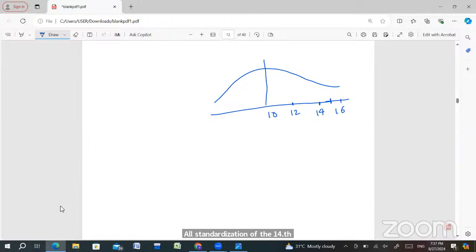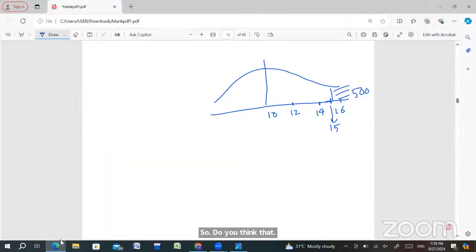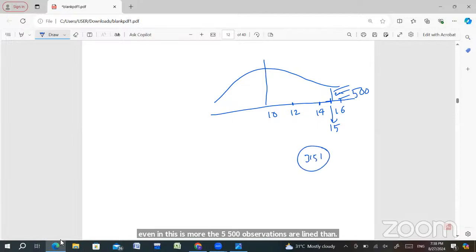And it is saying that above this point, 500 observations are lying. So do you think 3151 is correct? I think it's a wrong answer, because even in this small area 500 observations are lying, so 3151 will not be the complete number of observations.